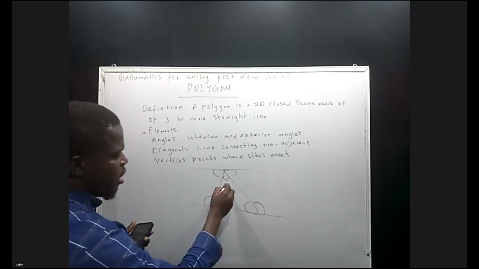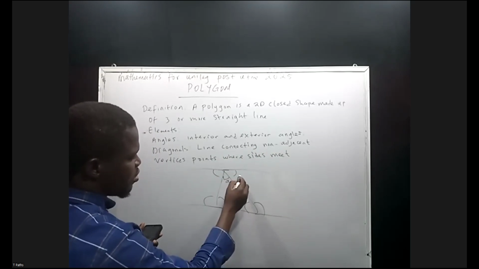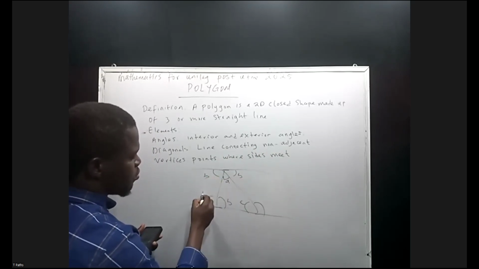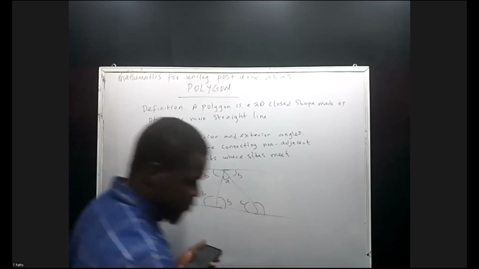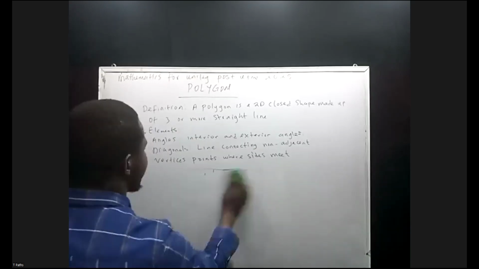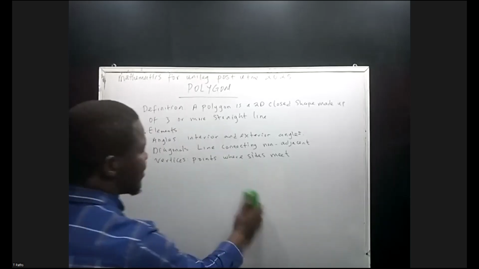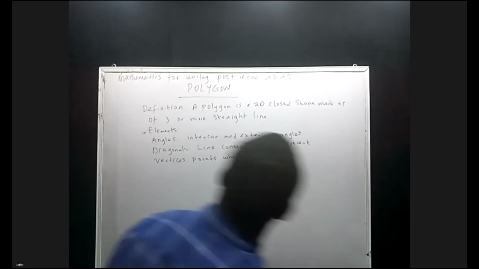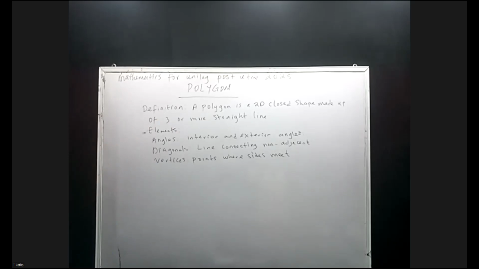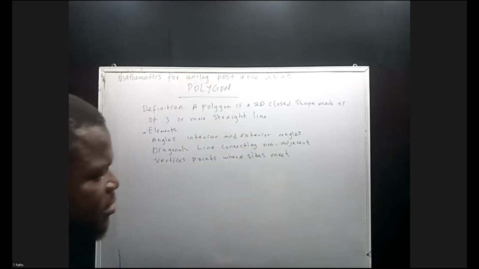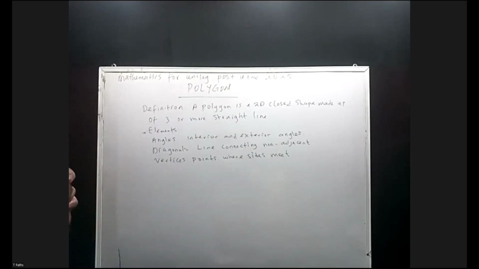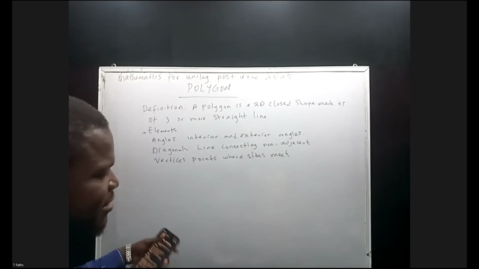So what's a diagonal? A diagonal is a straight line connecting two non-adjacent vertices, a line that can divide the shape into two parts. And a vertex is a point where two sides meet.